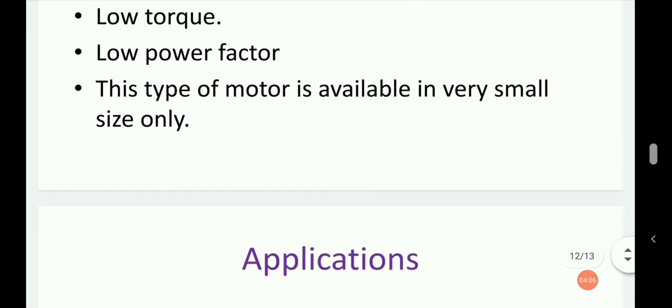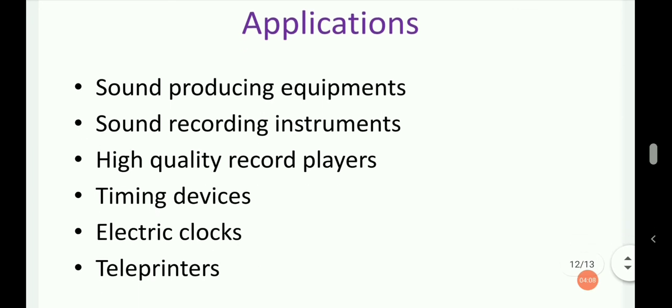Then the last point of hysteresis motor is applications. So hysteresis motors have many applications, including some we have mentioned here: sound producing equipments, sound recording instruments, high quality record players, timing devices, electric clocks, and teleprinters, etc.